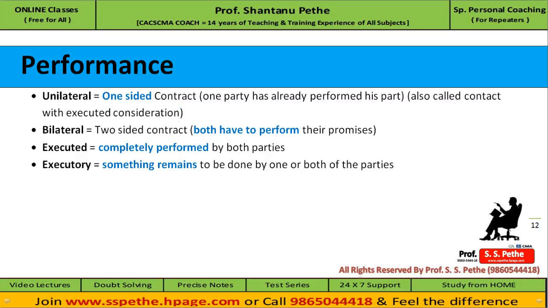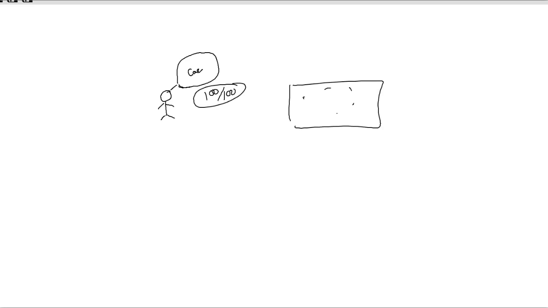Let's see one example. Suppose there is one teacher who offers his students that he will give a car to the student who scores 100 out of 100. This is the open offer. Now out of so many students, one student scores 100 out of 100.